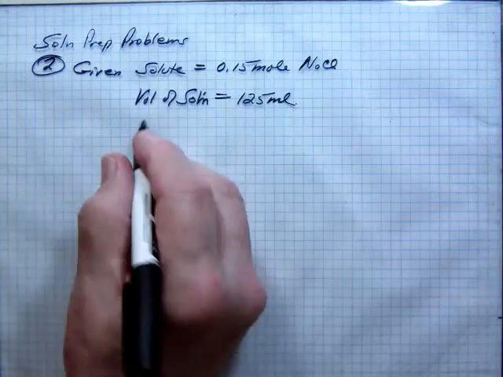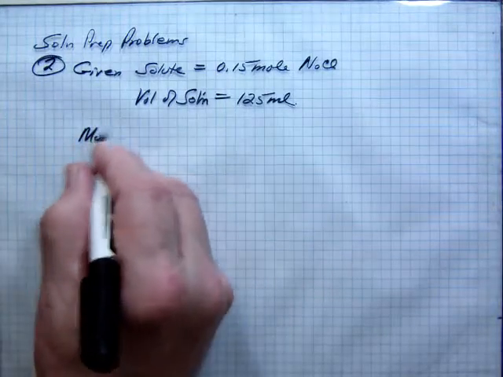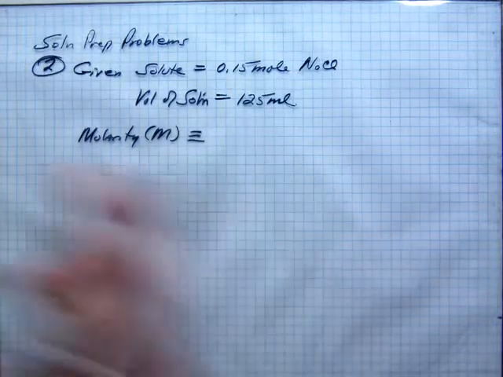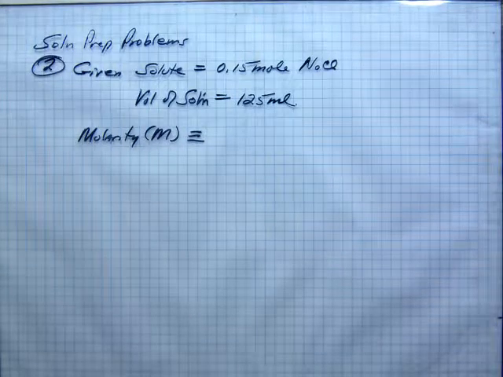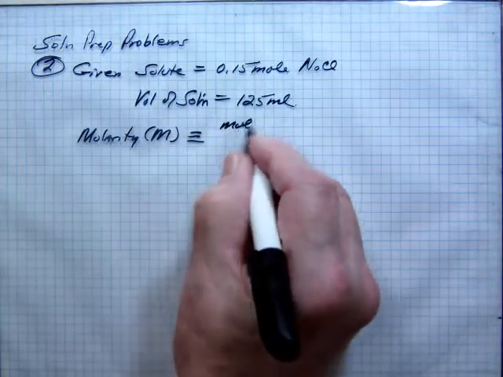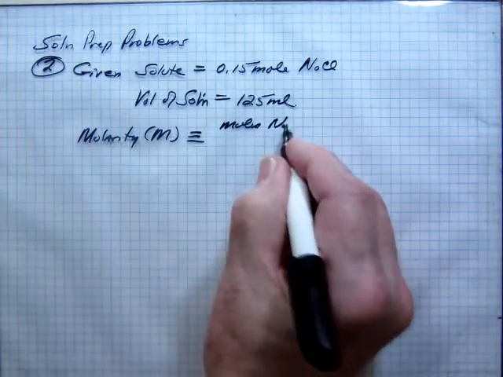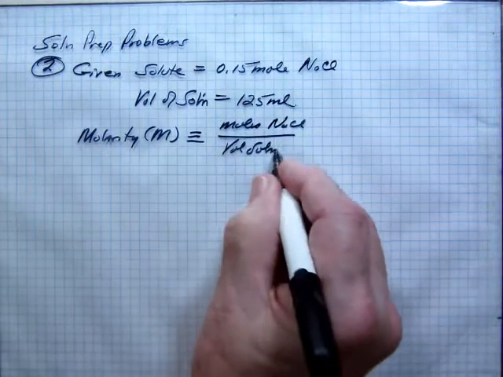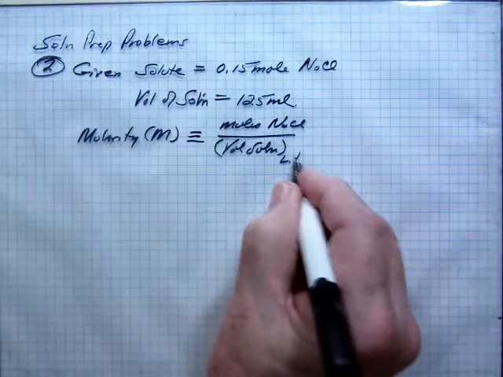So the molarity, based on the definition of molarity, moles per liter, as I've been indicating, in this case would be moles of sodium chloride over volume of solution in liters.